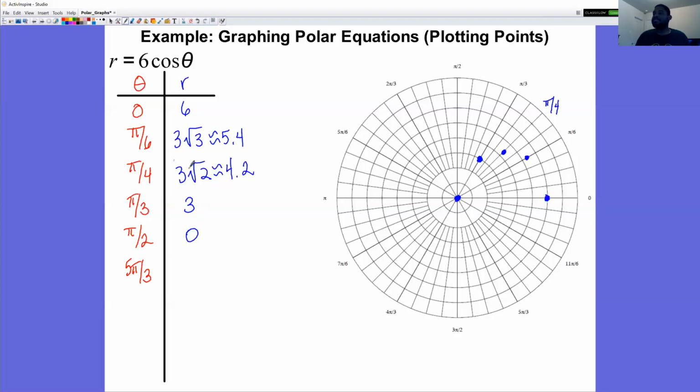So I'm going to start with 5 pi over 3, and when you plug that into here, you're going to get a value of 3. So at 5 pi over 3, it's 3 units from the pole. 1, 2, 3.